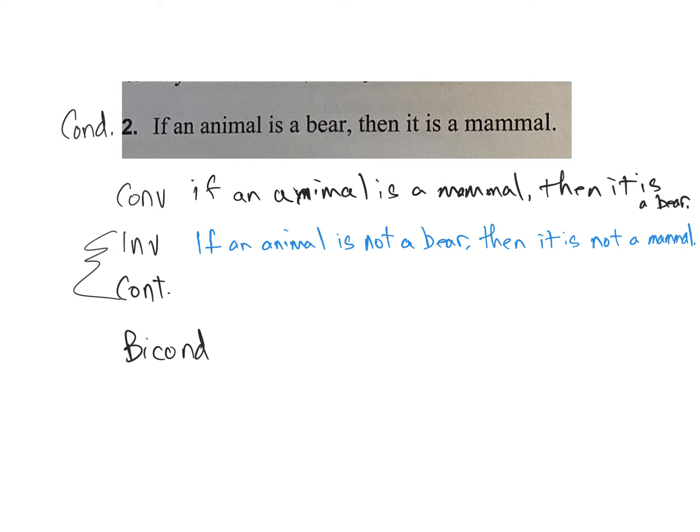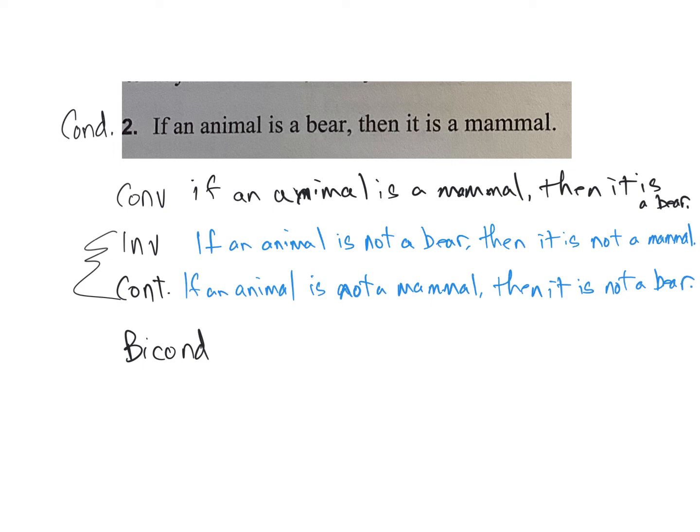You got that right? All right. And the contrapositive, if an animal is not a mammal, then it is not a bear. You have to do this on the quiz tomorrow.